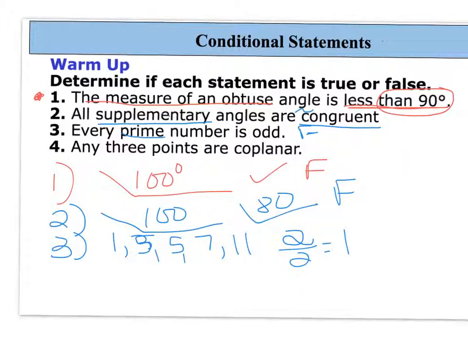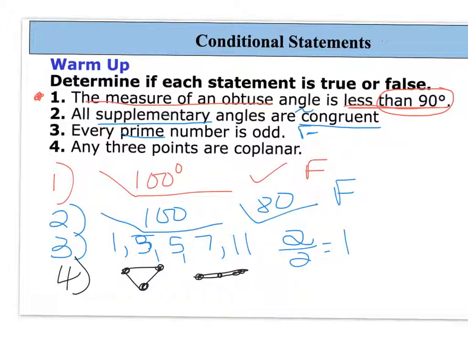Let's do the last one. The last one says any 3 points are coplanar. What was the definition of 3 points? If they didn't land in the same line, they would make a plane. I wonder if they would have to be in the same plane.